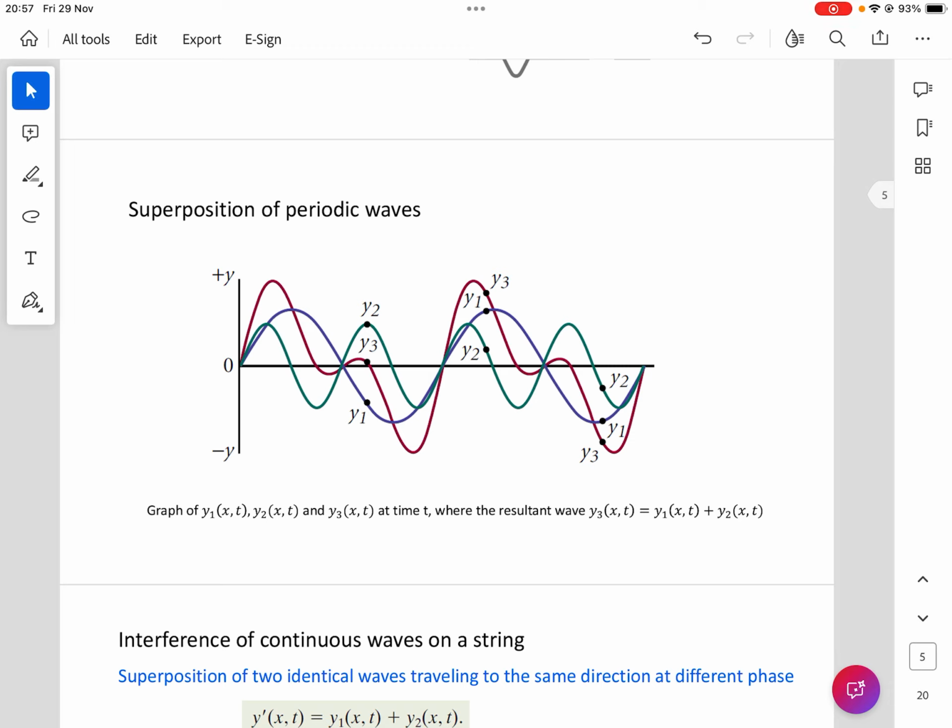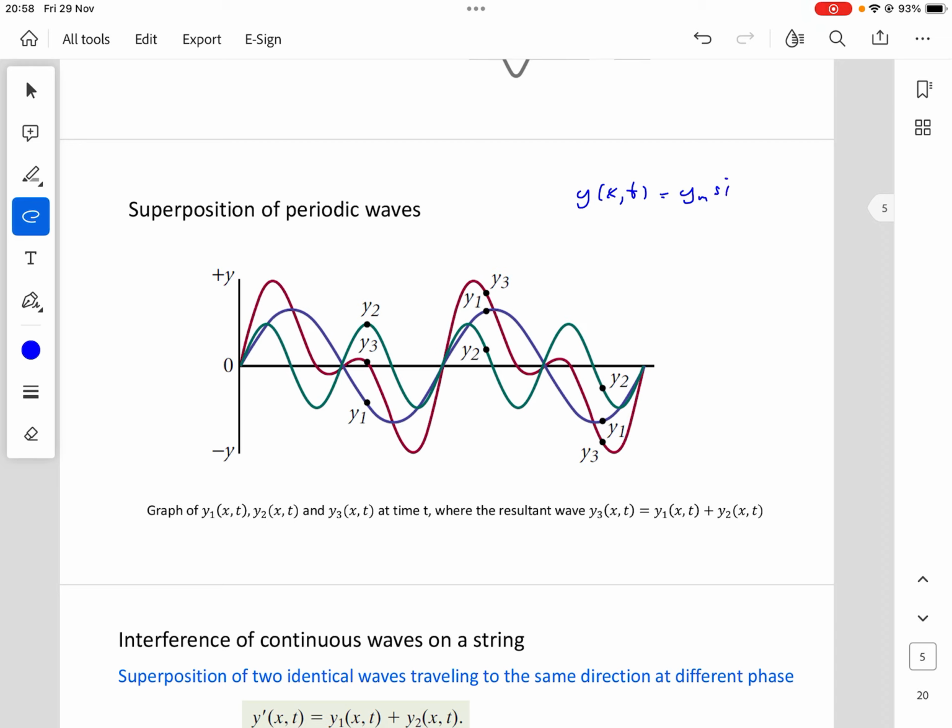The easiest way is to write the wave function, in the form y(x,t) equals the amplitude, or maximum displacement, multiplied by sin(kx minus or plus omega t), depending on the direction of movement. And what does interference really mean? It's just the combination of the two wave functions.